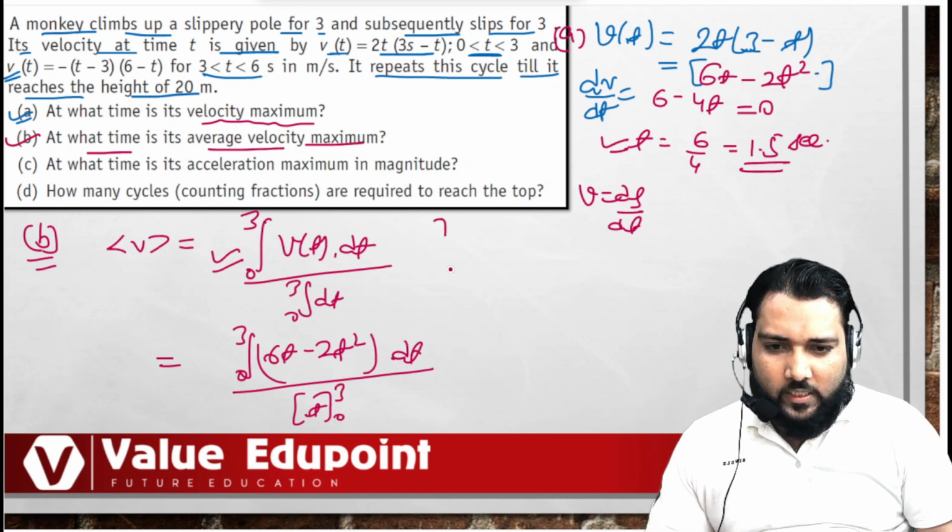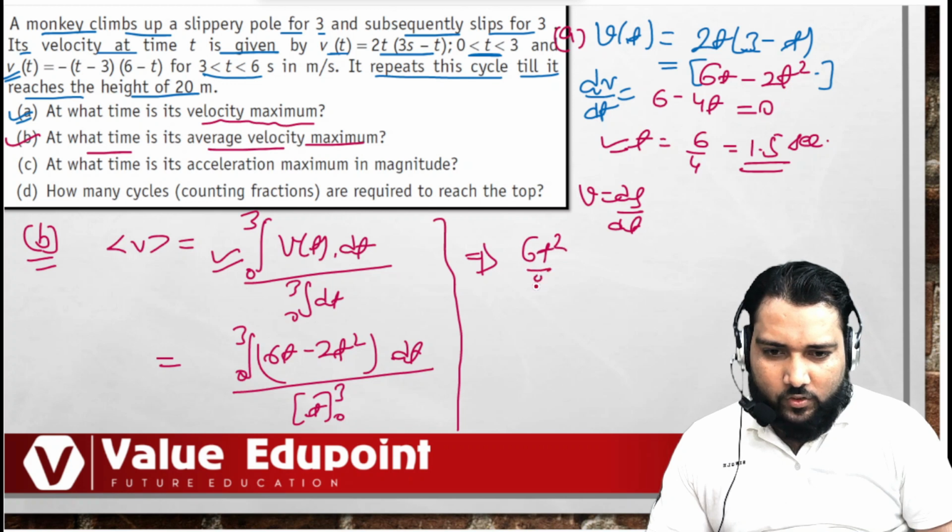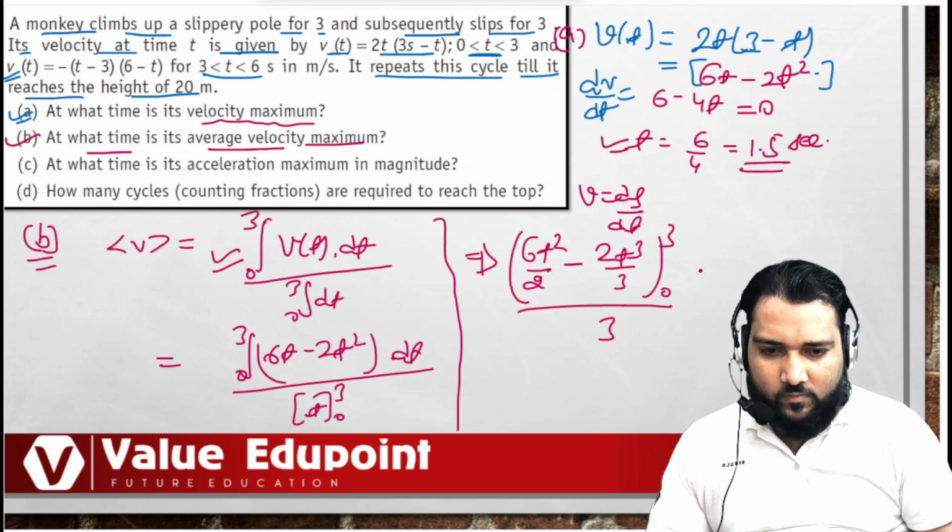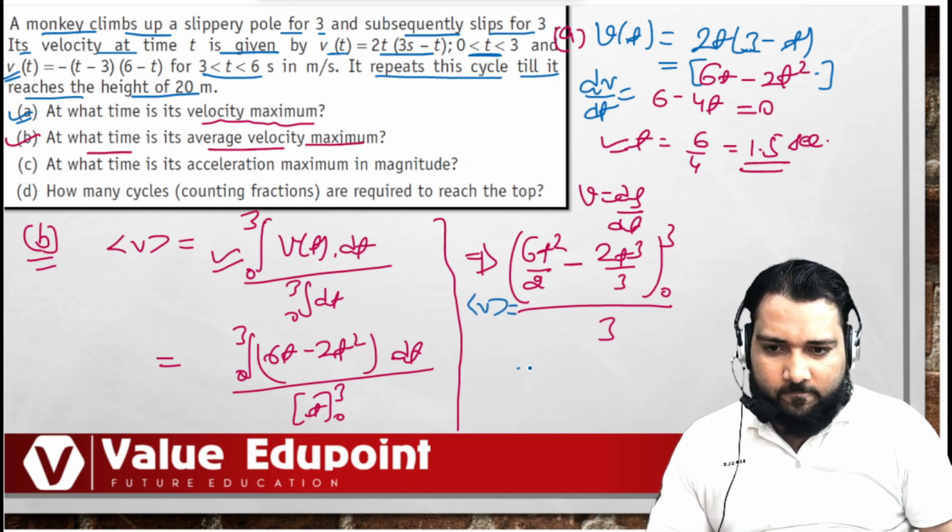Further solving this problem, when you integrate this portion, it gives 6t square by 2 minus 2t cube by 3, with the limits 0 to 3, where 3 will be put in. This is the expression for average velocity.